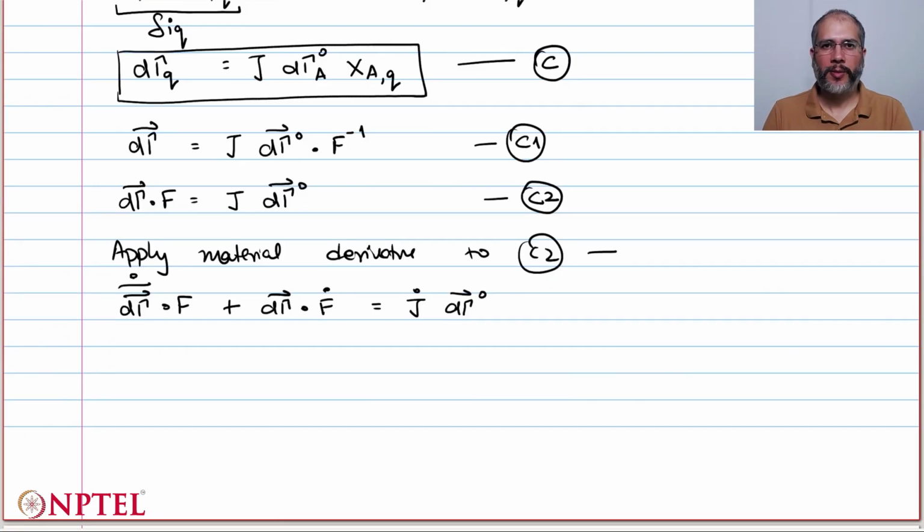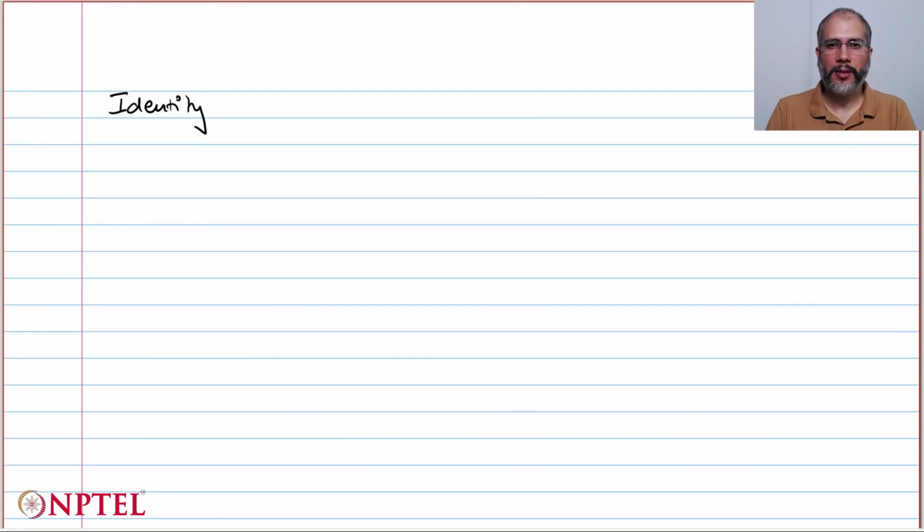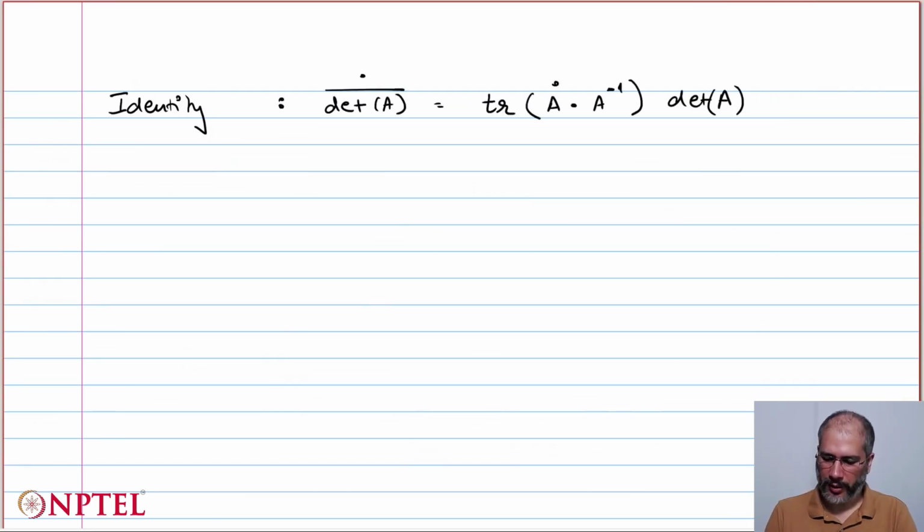Now to proceed further from here, we need an expression for J dot. So what we'll do now is we will park this equation and we'll try to develop a relationship between J dot and J. So there's an identity for any second order tensor A, and the identity says that the material derivative of the determinant of A is the trace of the dot product between material derivative of A and A inverse multiplied by the determinant of A. This can be shown easily using indicial notation.